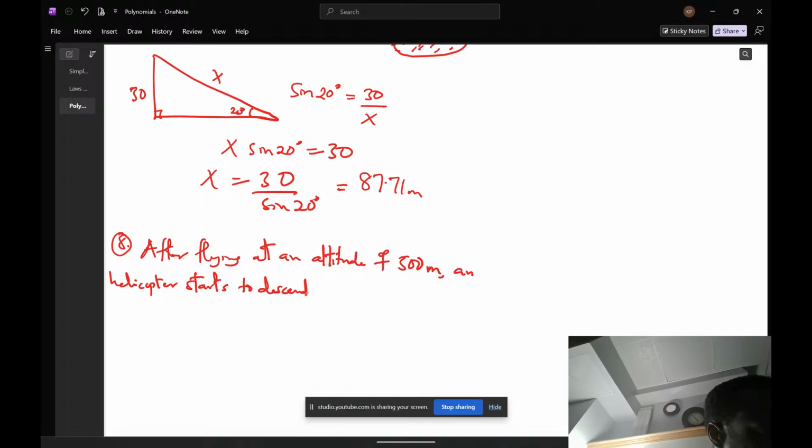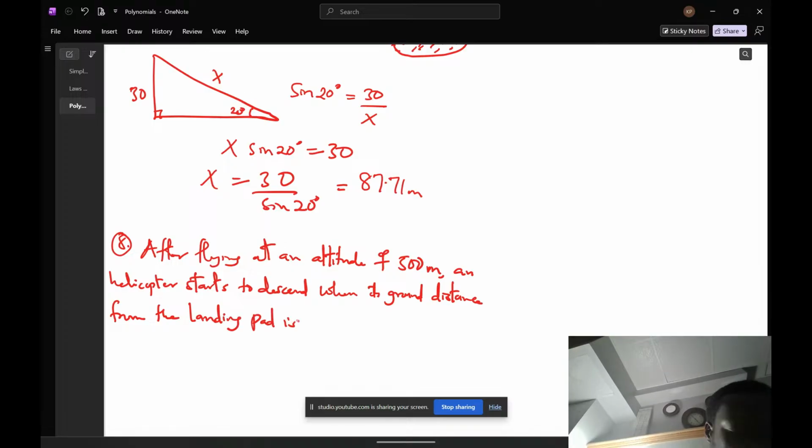The helicopter starts to descend when its ground distance from the landing pad is 11 kilometers.